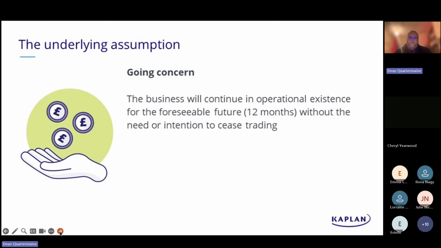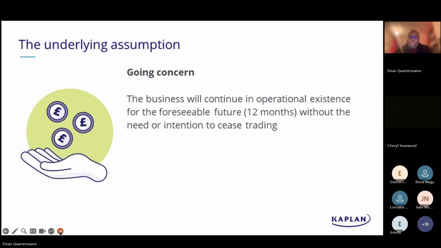Which is known as the going concern principle. Yeah. So when you're putting together your financial statements, if you become aware that there's no money in this business, and therefore it's not going to operationally exist within the next 12 months, then you shouldn't be preparing the financial statements in the usual way.